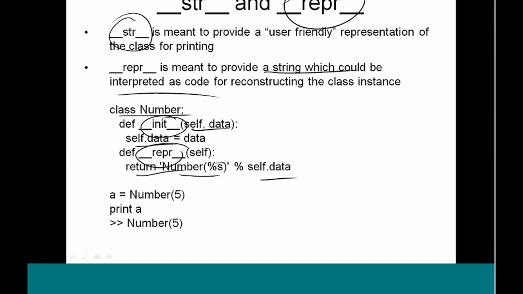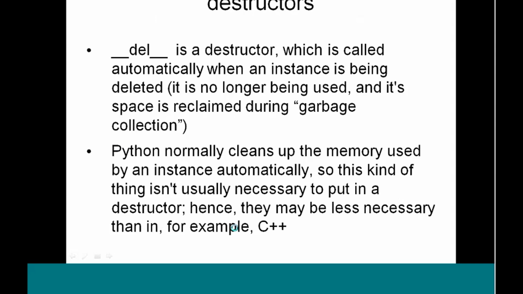So now when you see this repr, essentially that string is interpreted as code. So here when we say this, that is interpreted as code. So we say A equal to Number 5, and then we say print A, and then finally the output is Number 5.